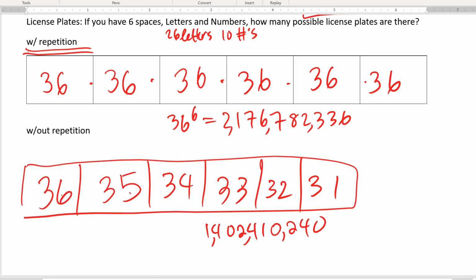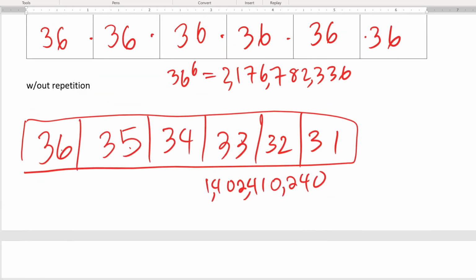Another way of doing this is I could have done 36 factorial, and I want it to stop at 31. So this means 36, 35, all the way down to 2 times 1.